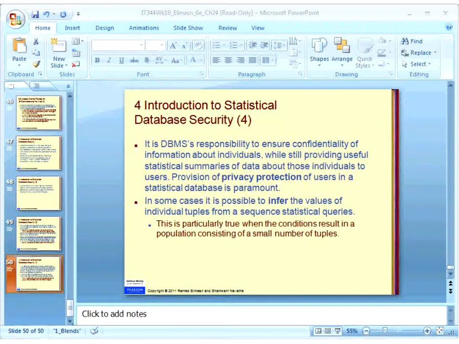Yes, you have to read the topics in this week till this topic, Introduction to Statistical Databases, which is page number 860 of your textbook. So chapter 24 is included till page number 860, till this topic, Introduction to Statistical Database Security.